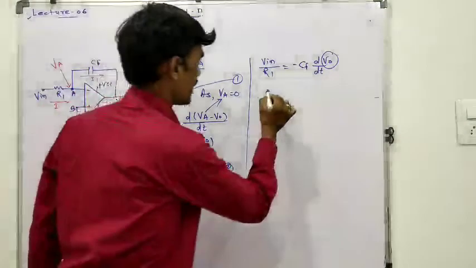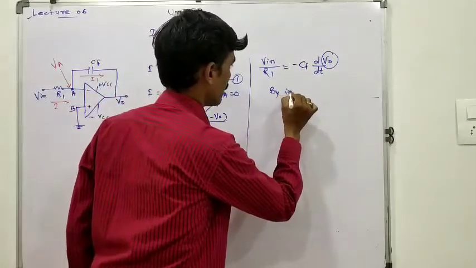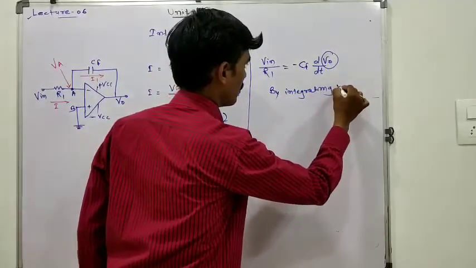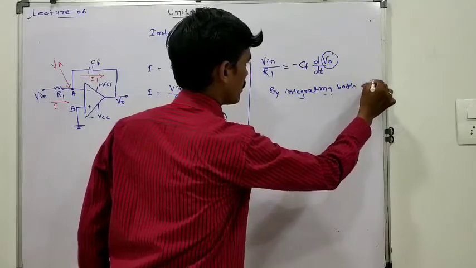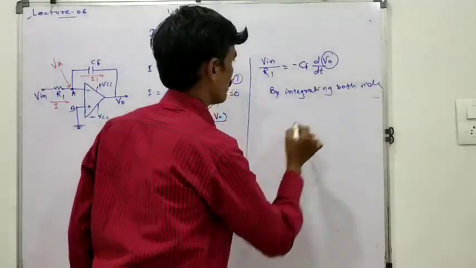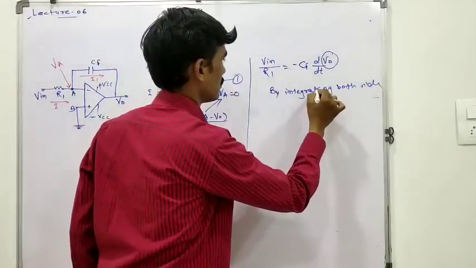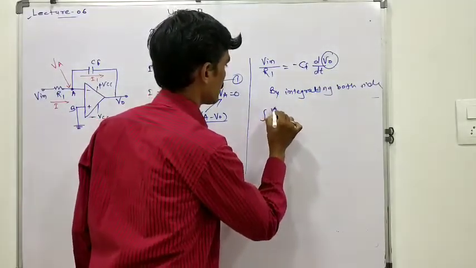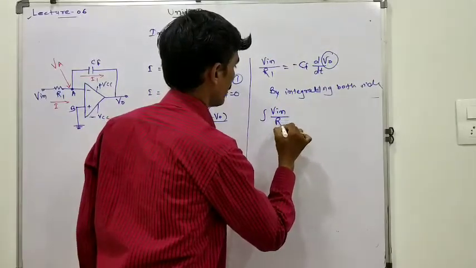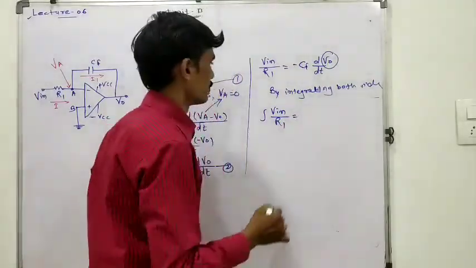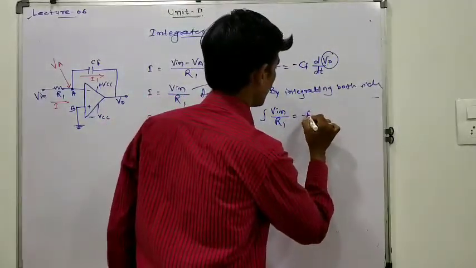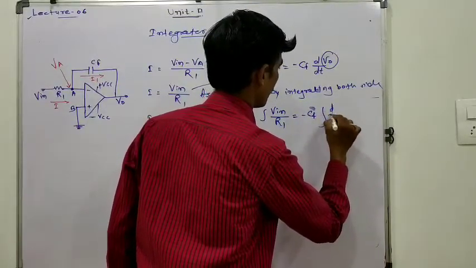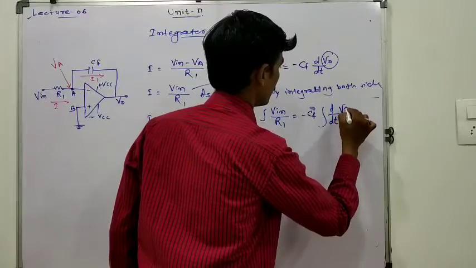So by integrating both sides, we can write V in divided by R1 equals minus CF integration of d/dt of VO.